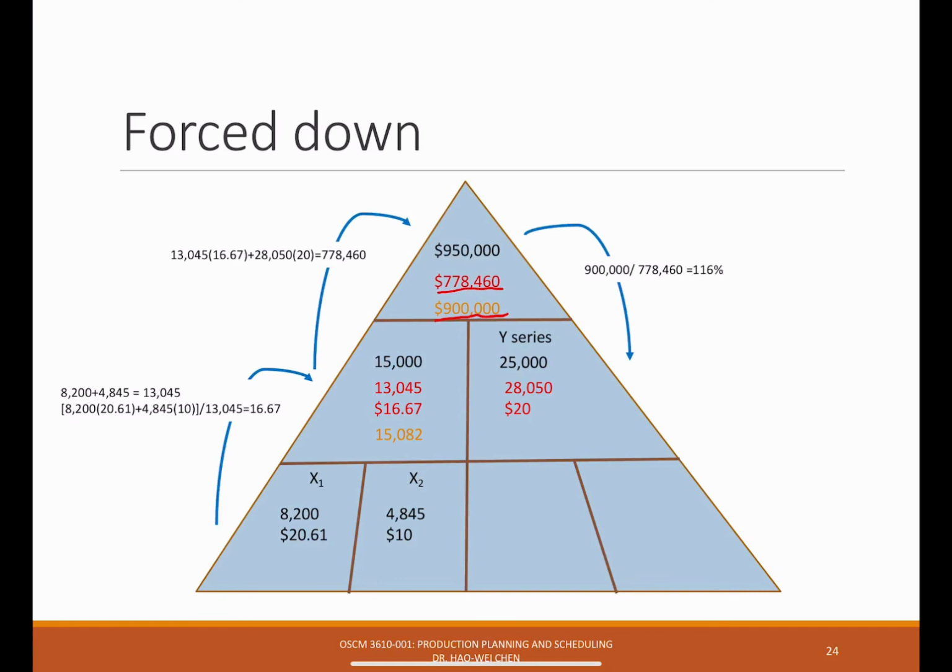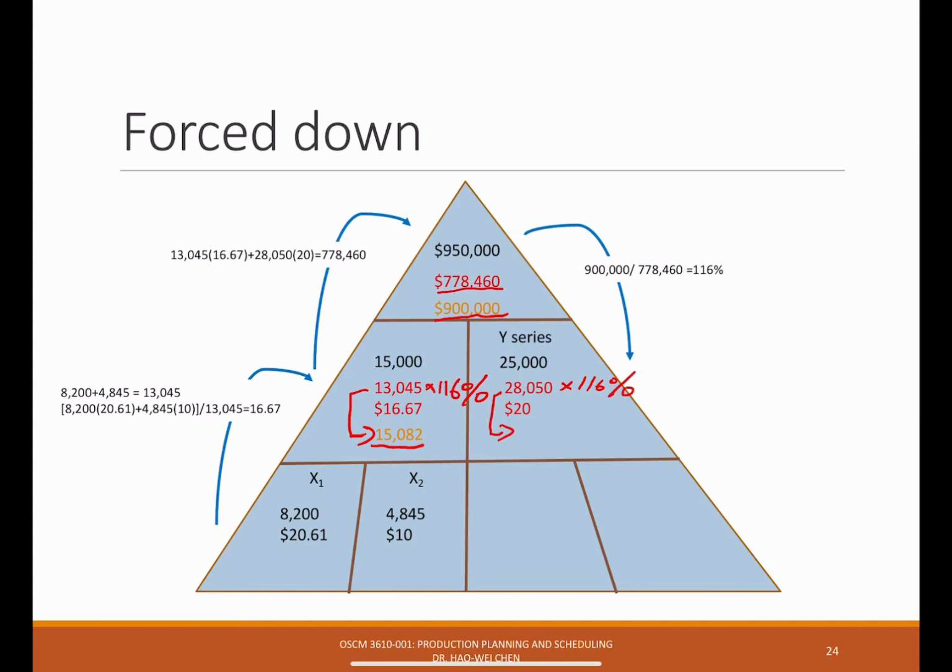Then you can update the number of units by using 13,045 units multiplied by 116%. So this is how you get this number. Similarly, for the product Y, you can use 28,050 units multiplied by 116%.